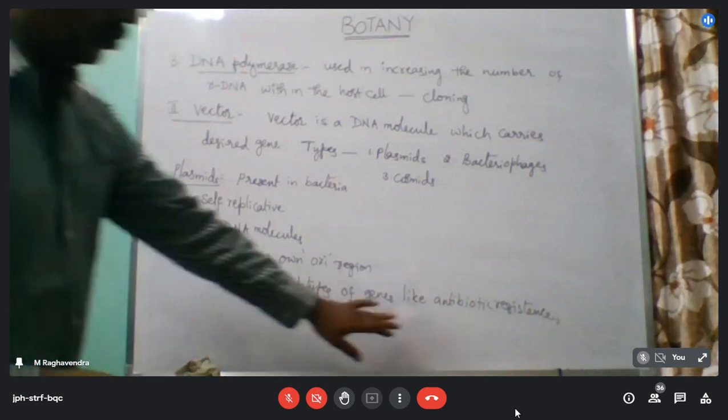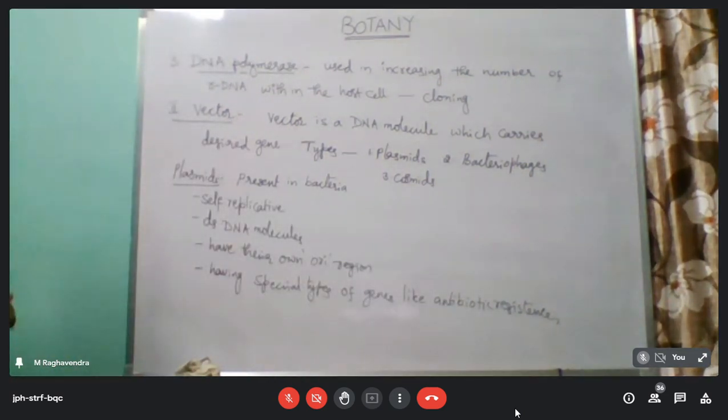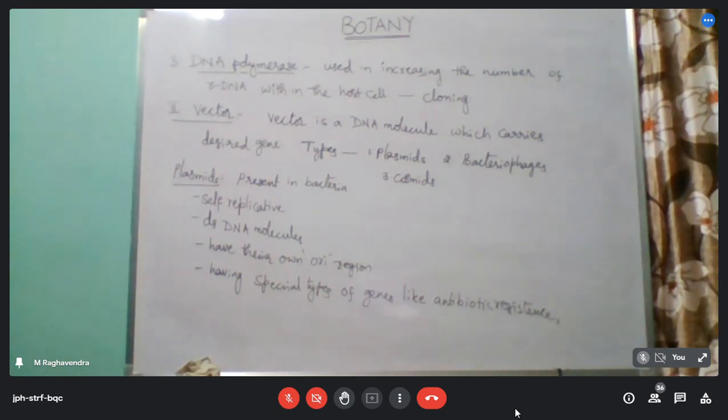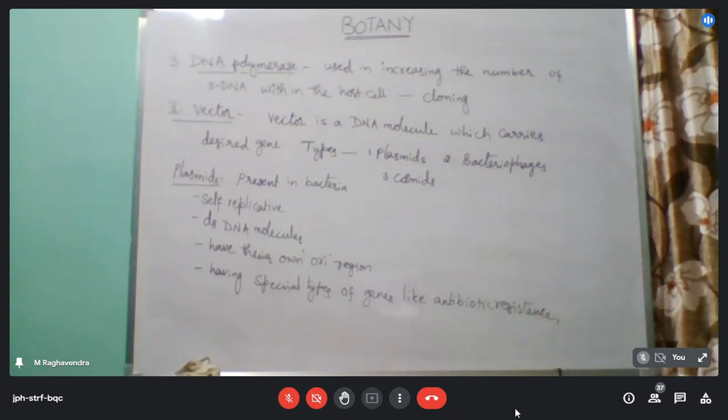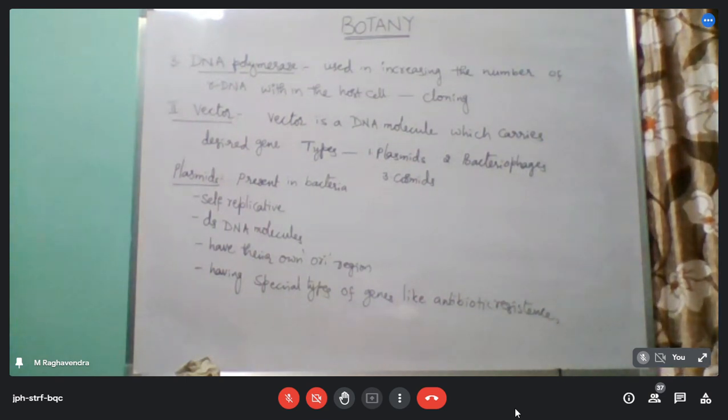Whenever we use antibiotics to kill bacteria, only then do these genes work. So plasmids are self-replicative, double-stranded DNA molecules, carrying special kinds of genes and characteristics like antibiotic resistance.